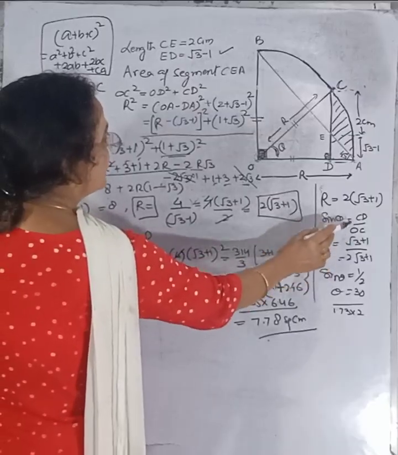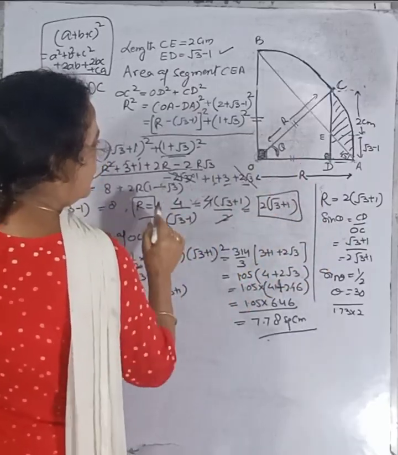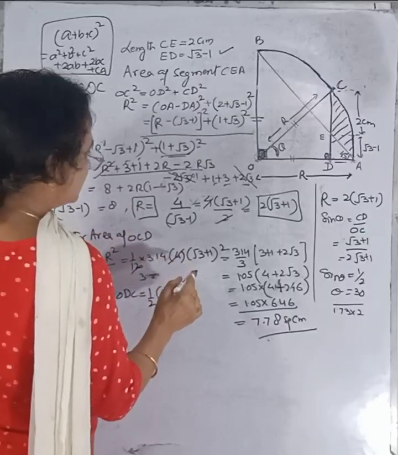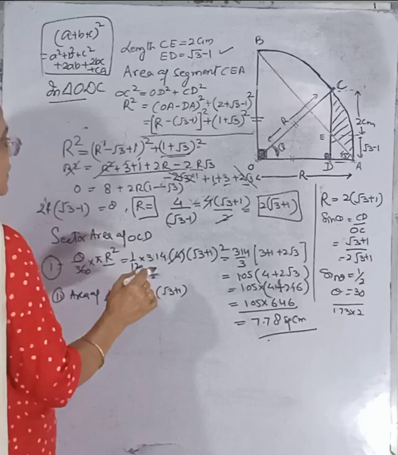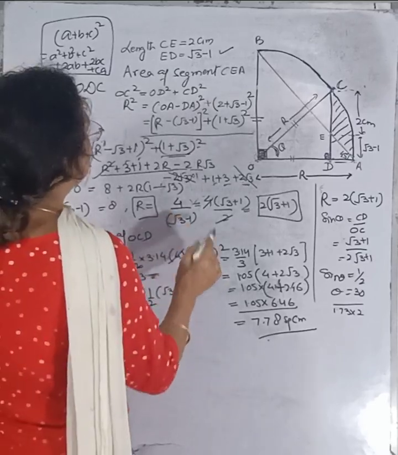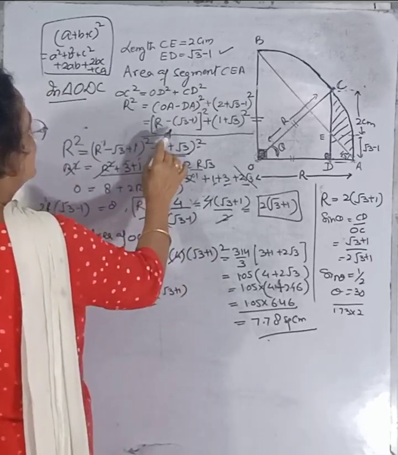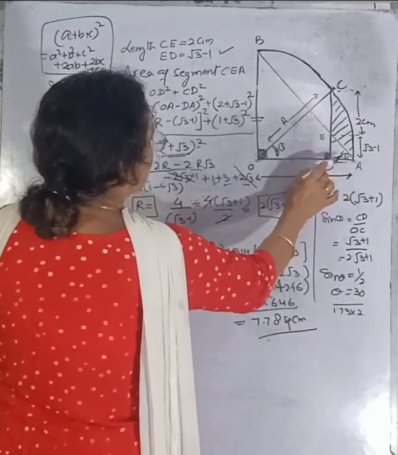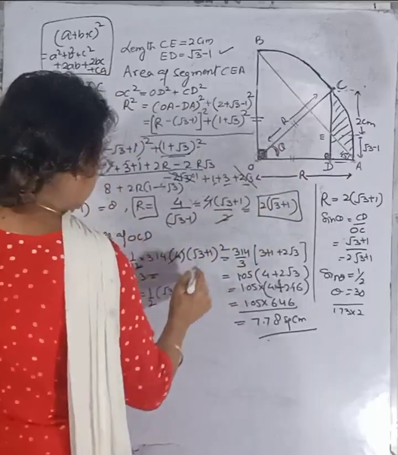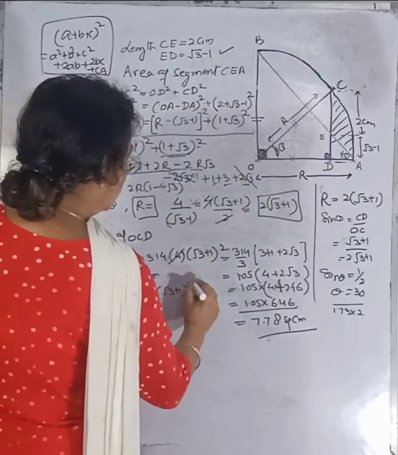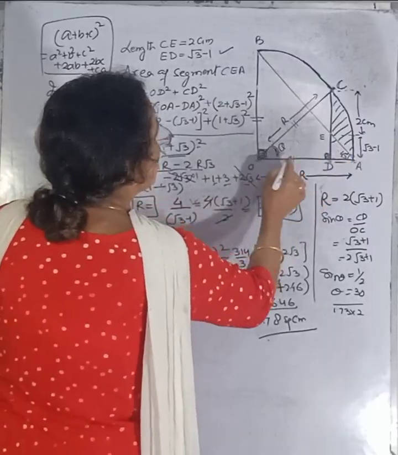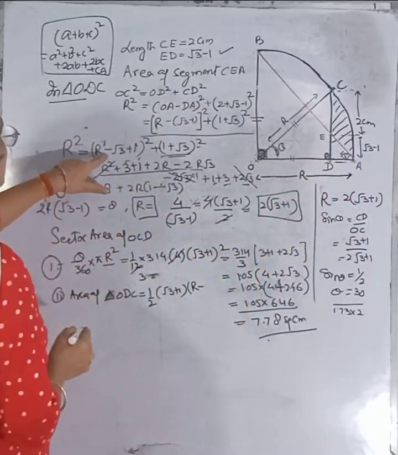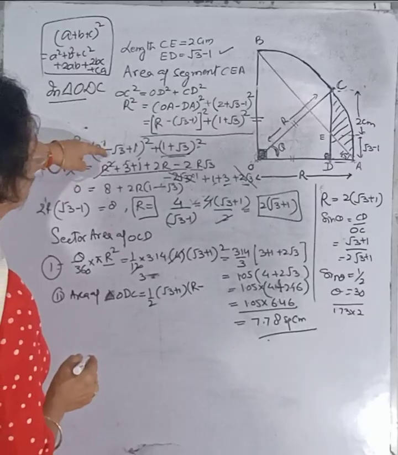OD is also something we have calculated somewhere. Where is OD? OD is equal to this minus this. R minus DA, where DA is root 3 minus 1. This is calculated.